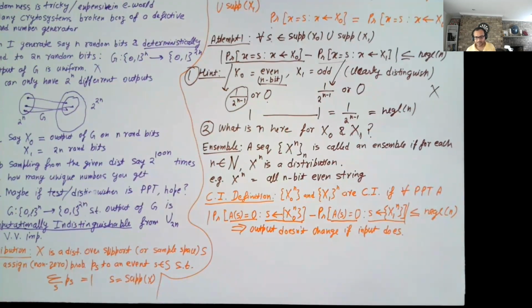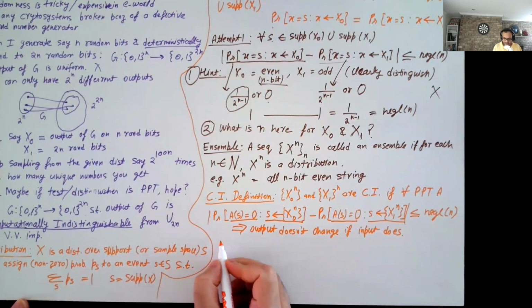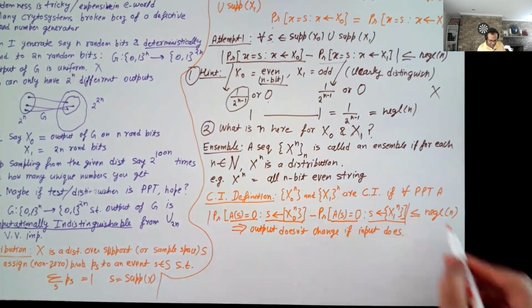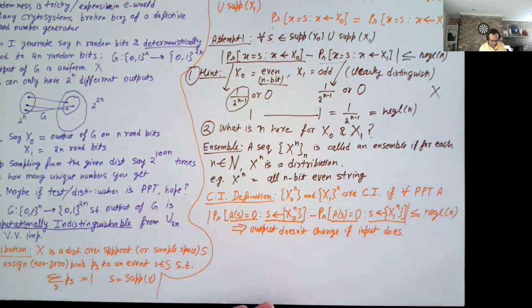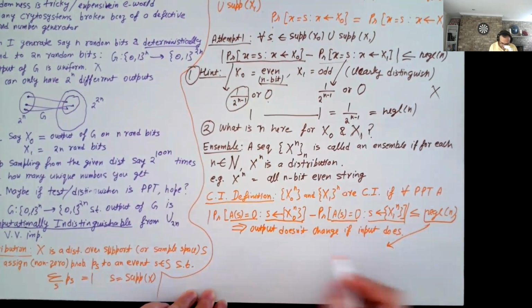Any questions? We will see another natural definition and we will compare the two definitions. In general, maybe distributions are not computationally indistinguishable. So this quantity is known as the distinguishing advantage.